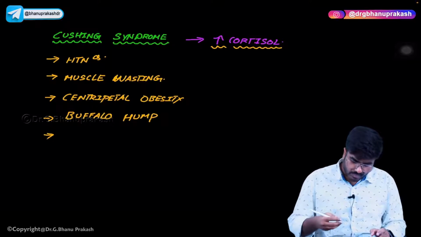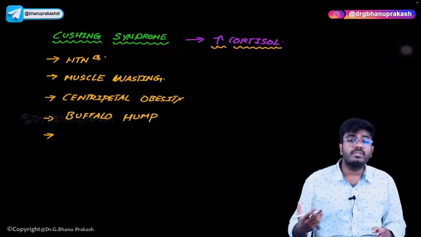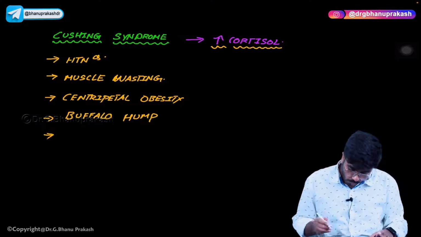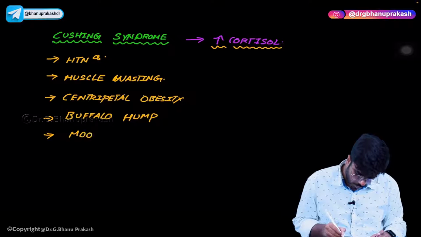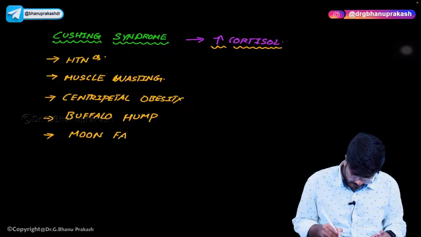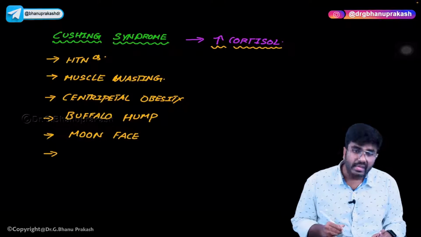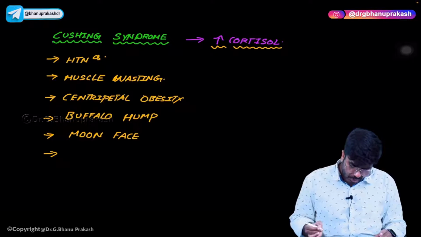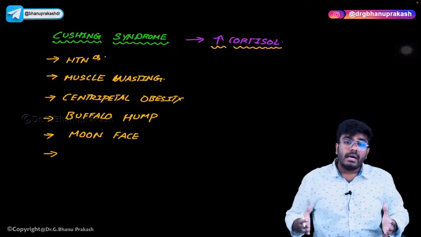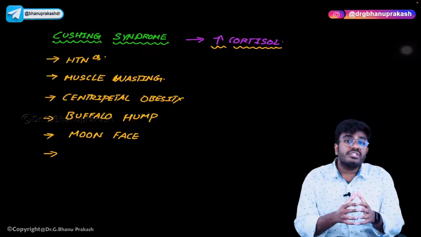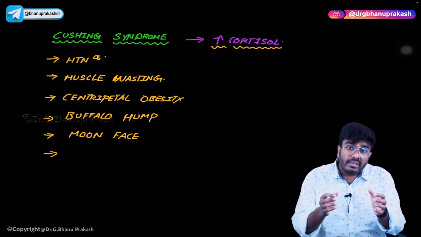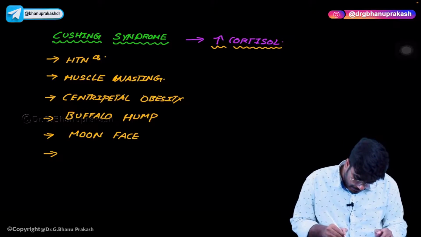And the proliferation or hypertrophy of adipocytes, especially in the face, will give a moon face appearance, a round face. Because of the centripetal obesity, the abdomen will stretch too much, giving rise to abdominal striae.